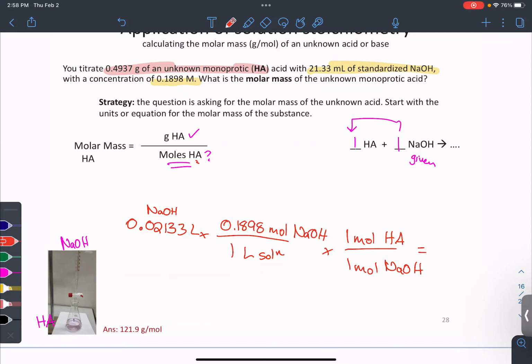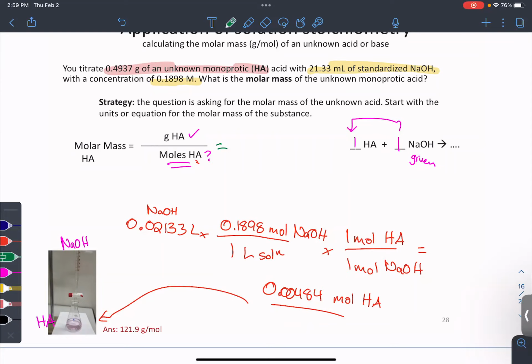The amount is probably a tiny number, 0.00484 moles of HA is present in that Erlenmeyer, given how much base we had to dispense. That's not our answer. That's what's going to go in the denominator in my calculation.